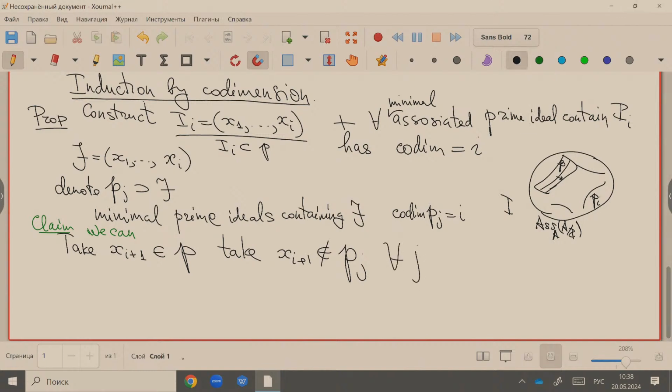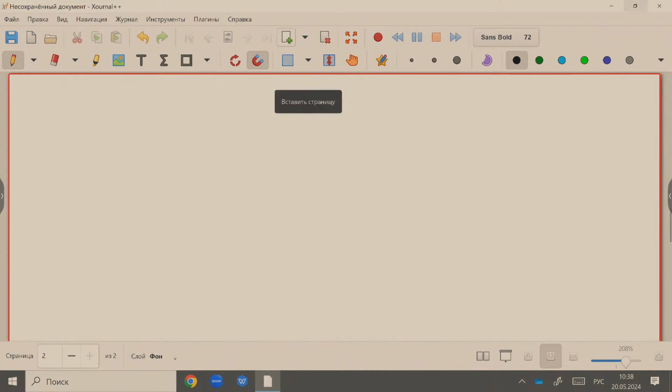And let us understand this point. This is just the prime avoidance theorem, so let us recall the avoidance lemma. It says the following.